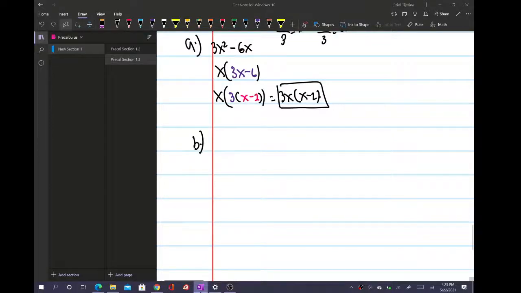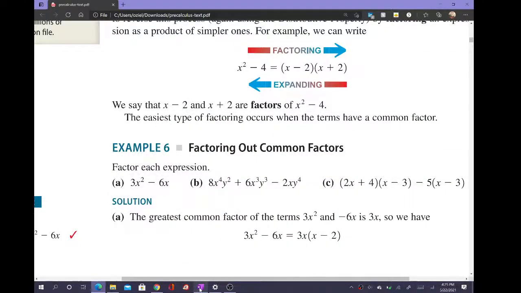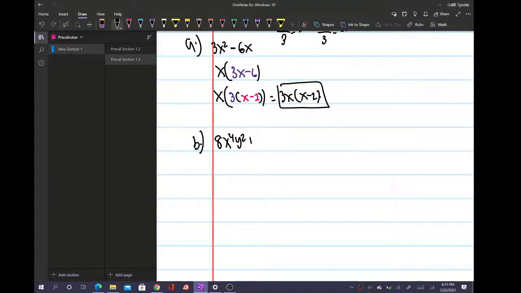So part B says factor 8x squared, 8x to the 4th y squared, plus 6x cubed y cubed, minus 2xy to the 4th, right?